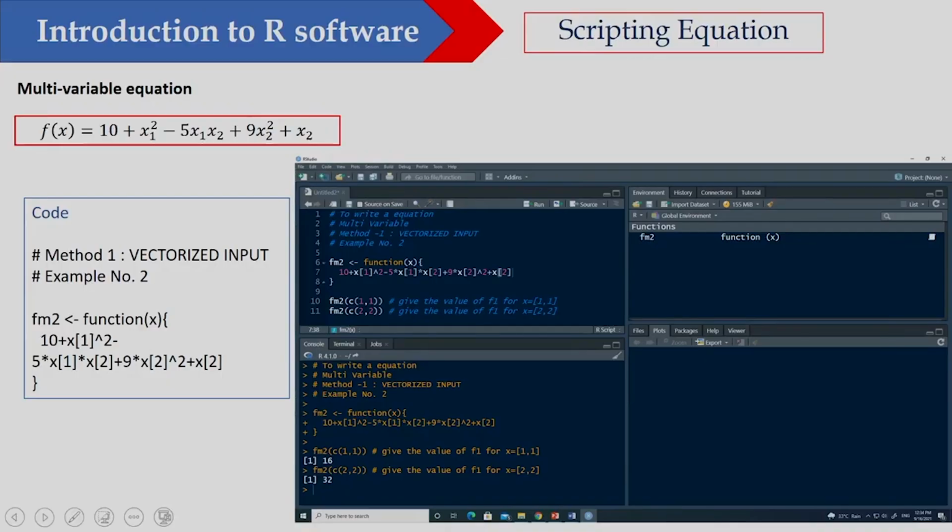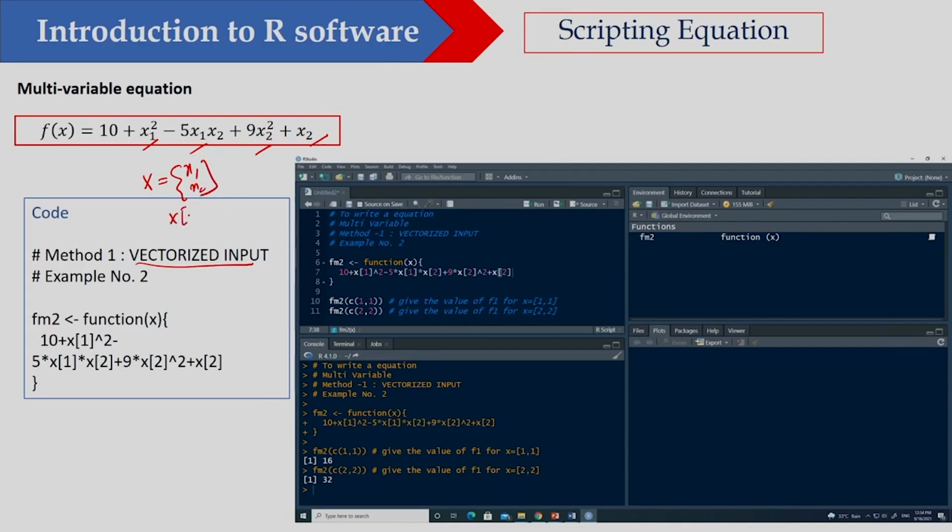So, let us see another function. This is a multivariable function, so we have two variables here: 10 plus x1 square minus 5 x1 x2 plus 9 x2 square plus x2. Here I am using vectorized inputs. I am defining a vector x, and this x is x1 and x2.